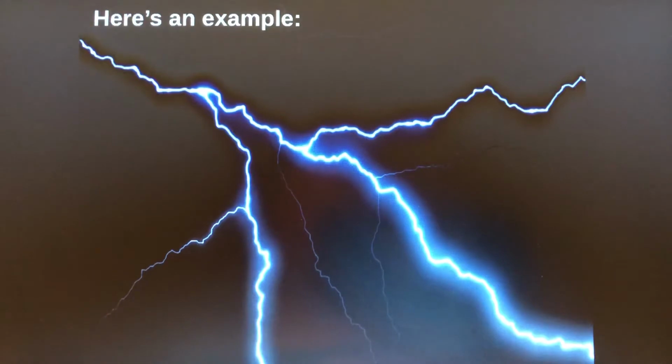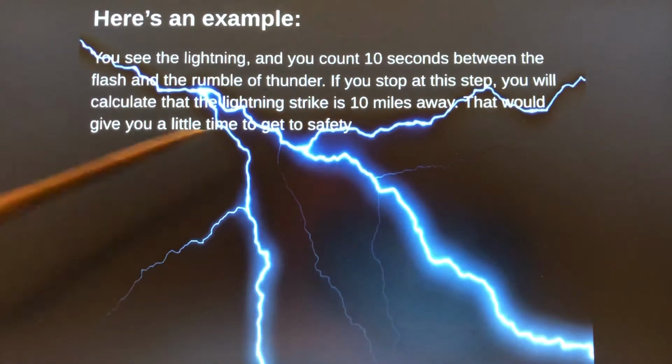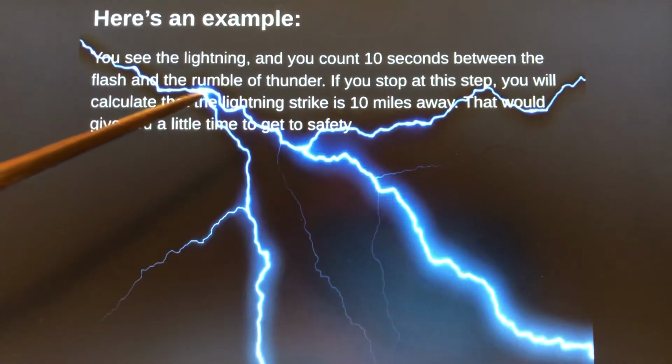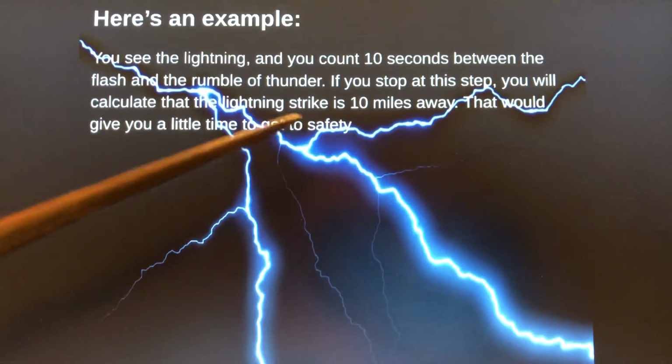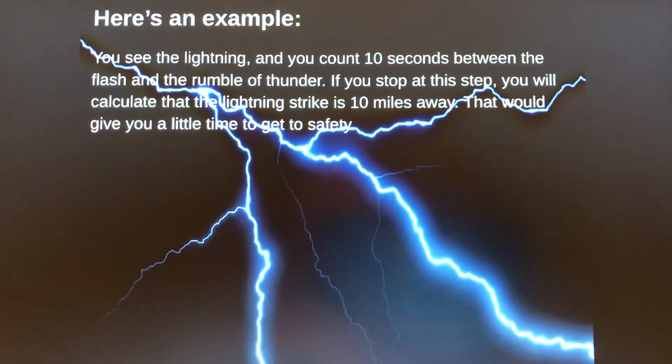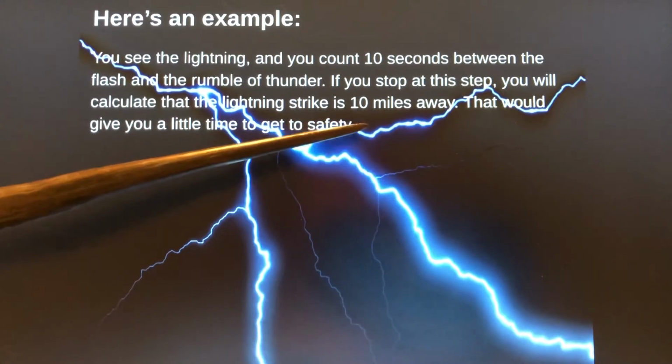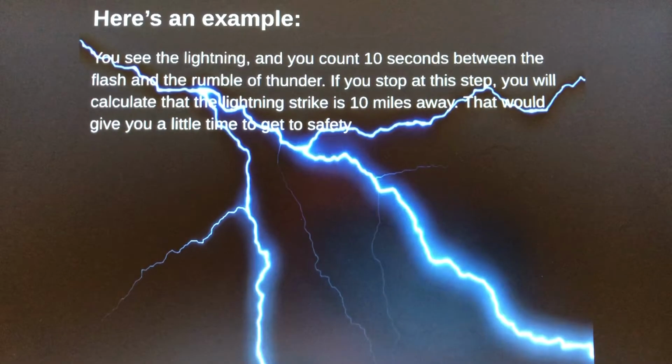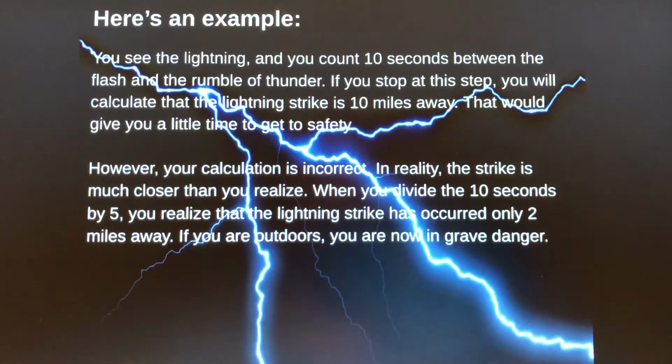Let me give you an example. So you see lightning flash, and you're going to count, and you count 10 seconds between the flash and the rumble of thunder. If you stop at this step, you're going to calculate that the lightning strike is 10 miles away. That would give you a little bit of time to be able to get to safety before there's the possibility of you being struck by lightning. However, your calculation's incorrect.